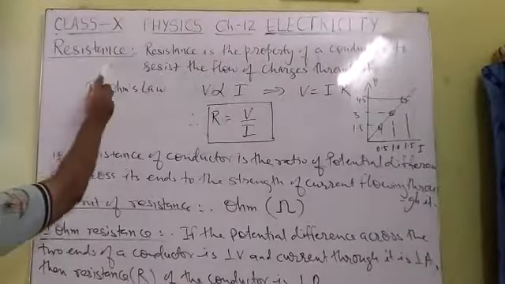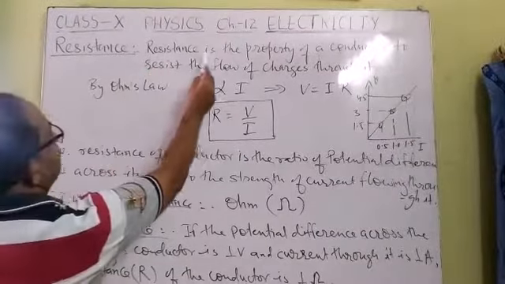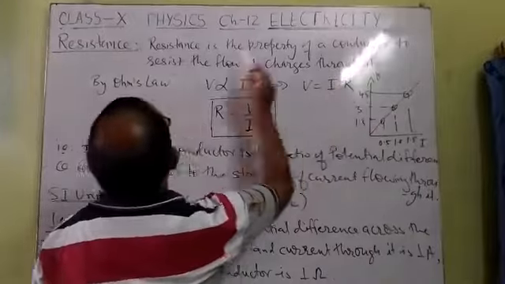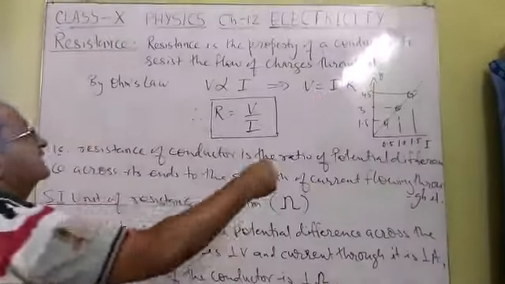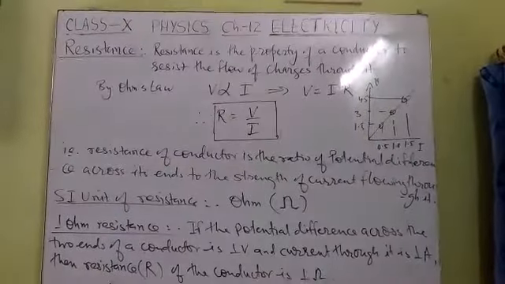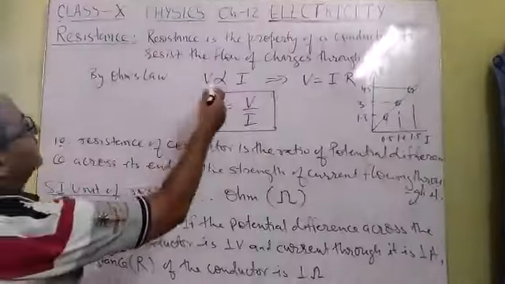What is resistance? Resistance is the property of a conductor to resist the flow of charge through it, or we can say the obstacle produced by the conductor to the flow of charge through it.